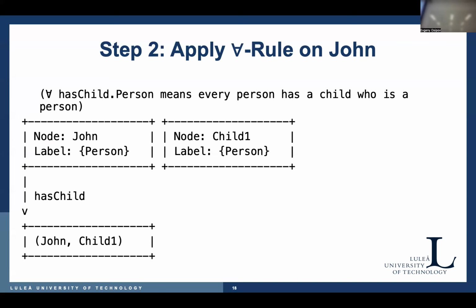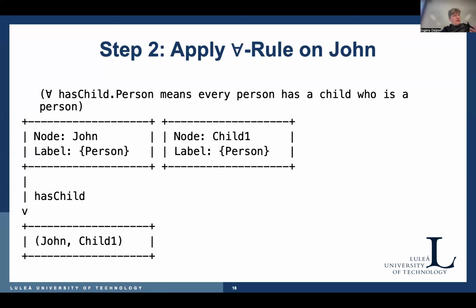This creation follows from this factual statement. And to do this, you need to create a new node for the child individual. You don't know the name, but it's somebody.